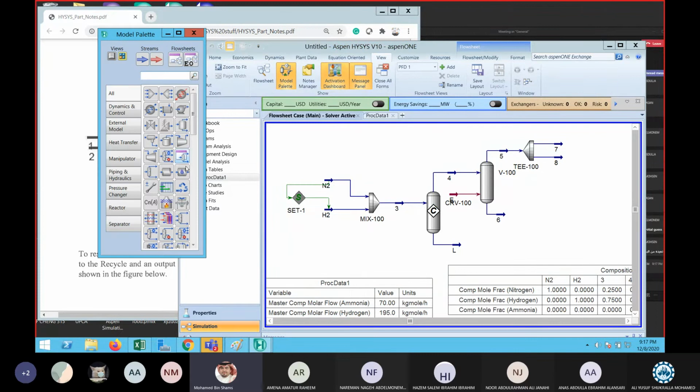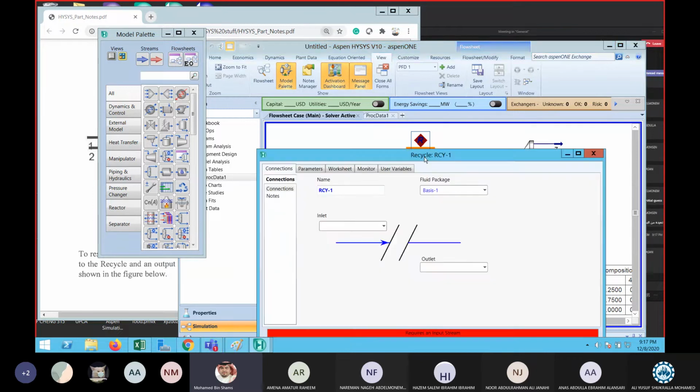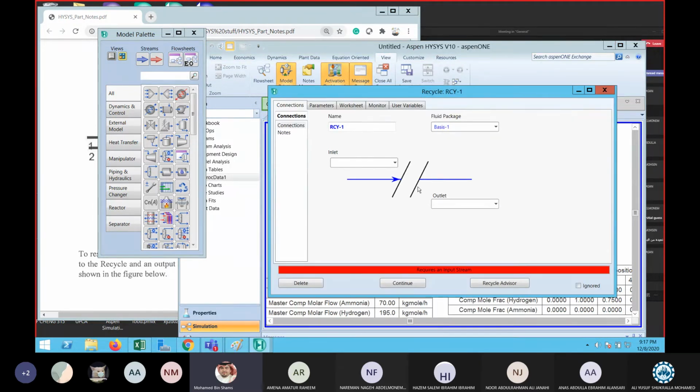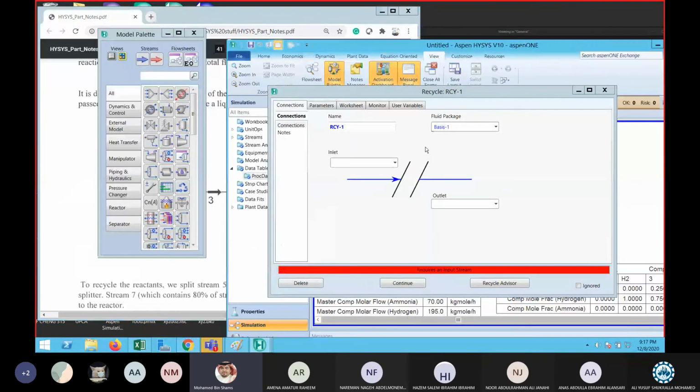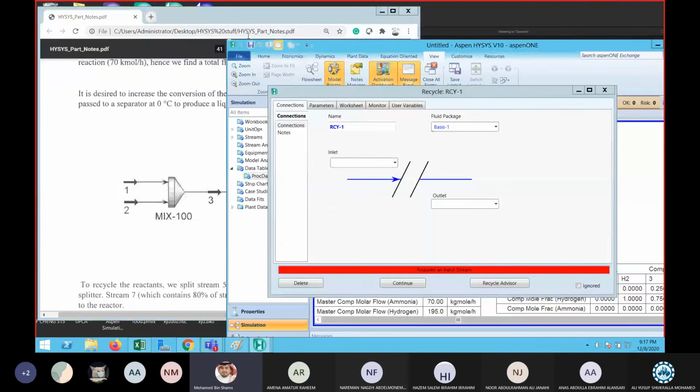We go to the model palette and there is a block called recycle. Welcome to our new friend, the recycle block. Now let us double click on this. What is this hashed line here, these two lines?